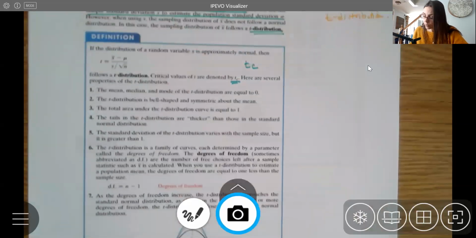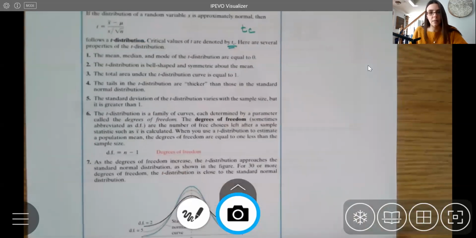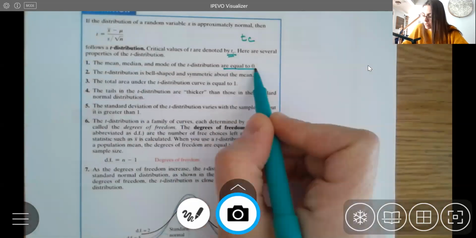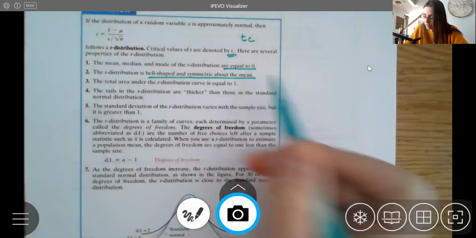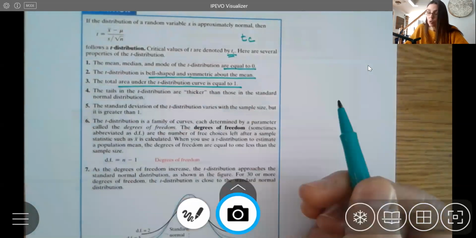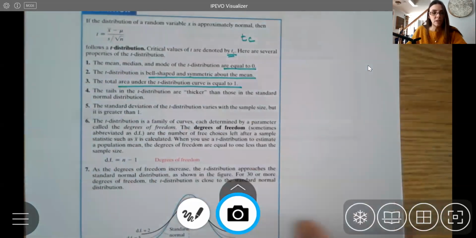Some things to note here about the t distribution: it actually looks pretty similar to the normal curve, but it's a little bit different. The mean, median, and mode are all still equal to 0. It is bell-shaped and symmetric about the mean. And the total area under the distribution is still equal to 1. So you have very similar things to start with, right? It does change though.